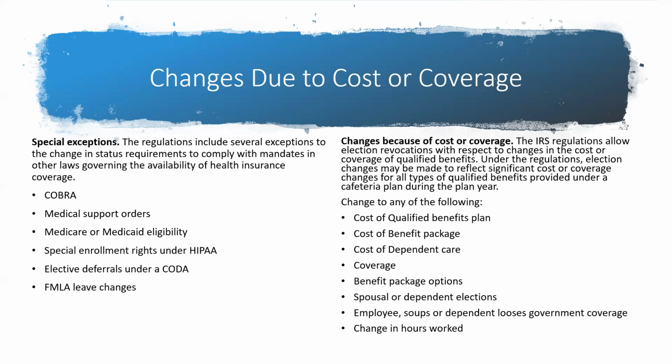If an employee has a right to enroll in an employer's group health plan to add coverage for a family member under the Health Insurance Portability and Accountability Act, or HIPAA, because other coverage was lost, the plan may permit the employee to make a conforming election to add them.